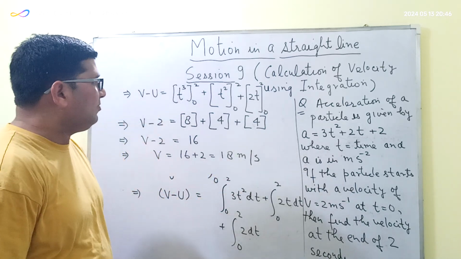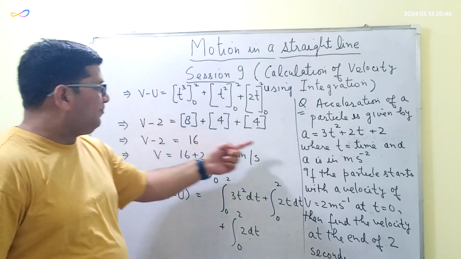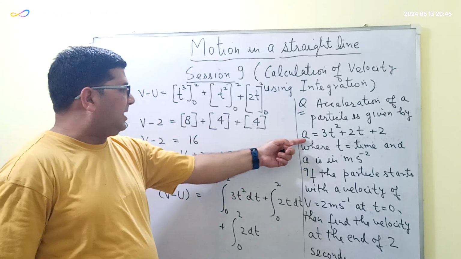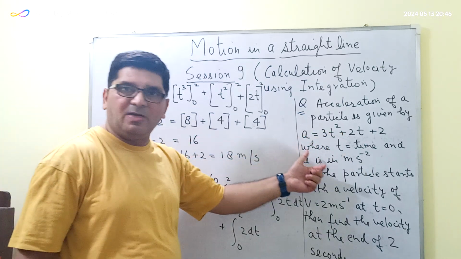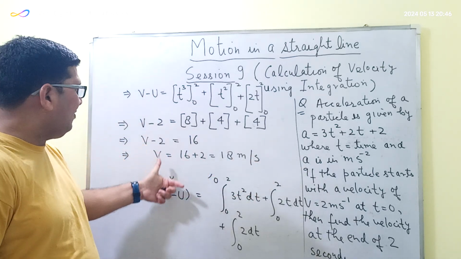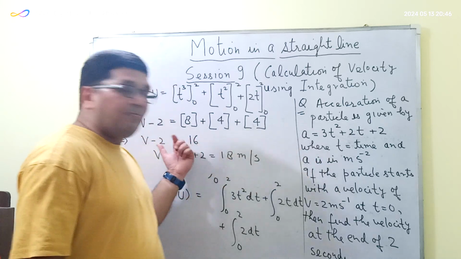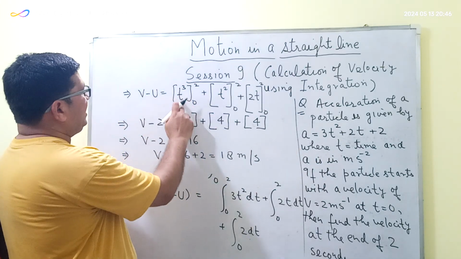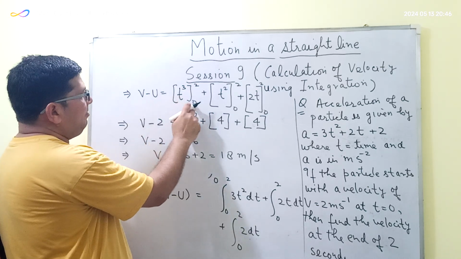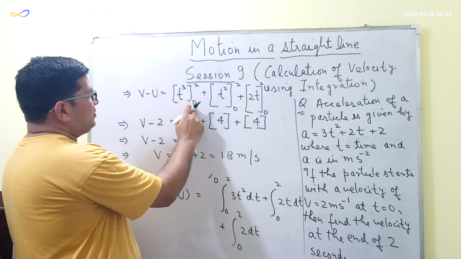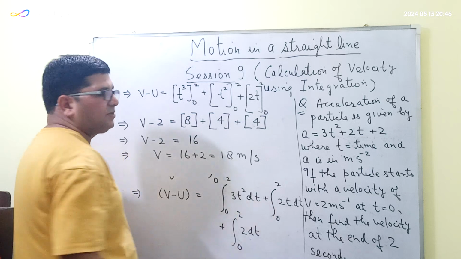So here the most important thing was that we have used the integration method in order to find the velocity of this particle. Here acceleration was equal to 3t² + 2t + 2. So I have written this acceleration as dv upon dt, and thereafter we have found the equation v minus u equal to t³ within the limits of 0 to 2, t² within the limits of 0 to 2, and 2t within the limits of 0 and 2.